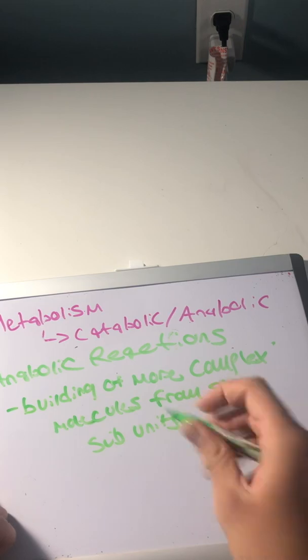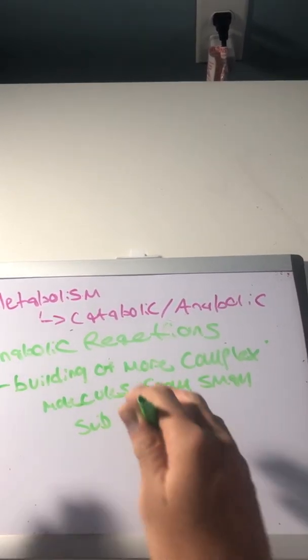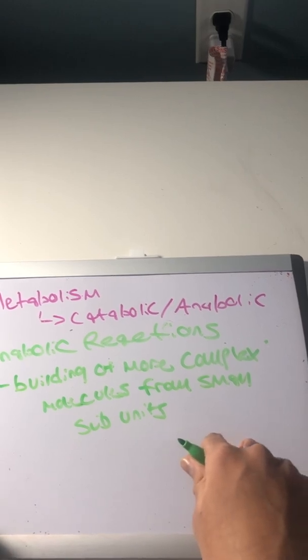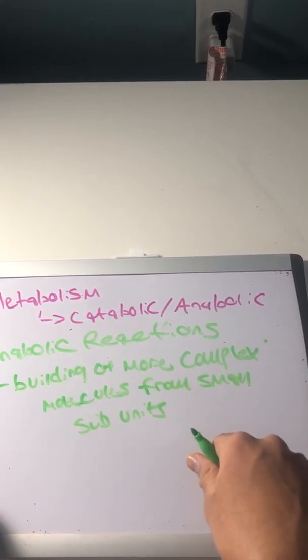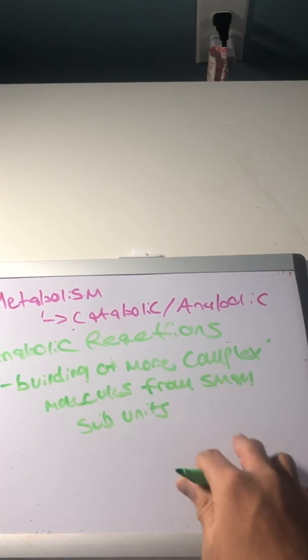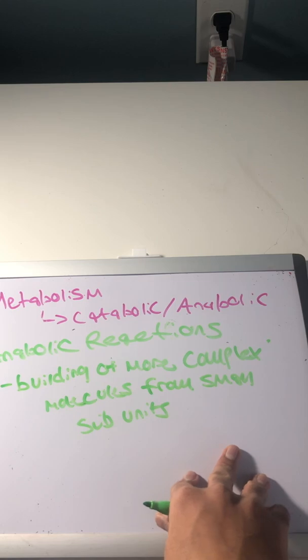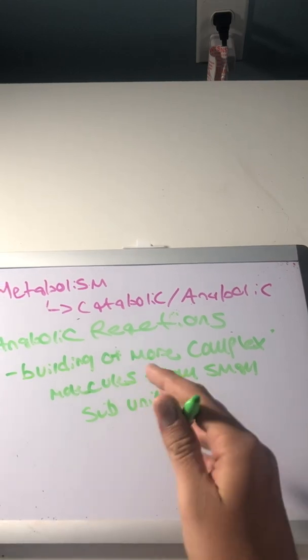So, just like how catabolic reactions break them down, anabolic reactions make different substances, compounds, and different molecules within our body, even other biological substances, with the monomers that we get.